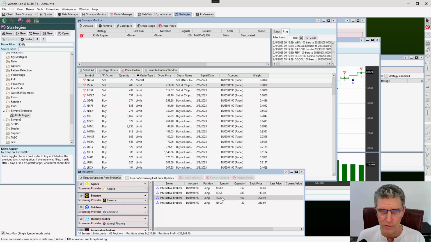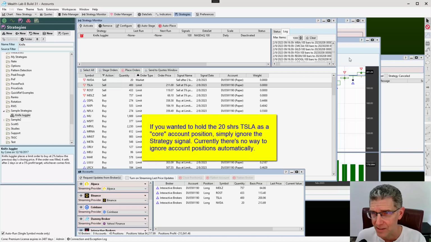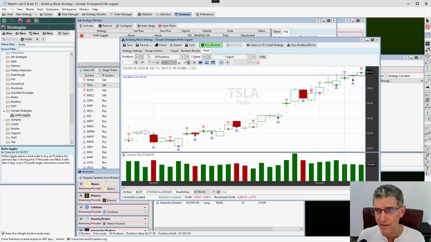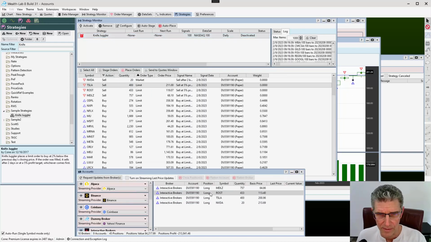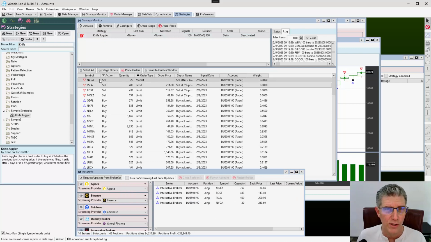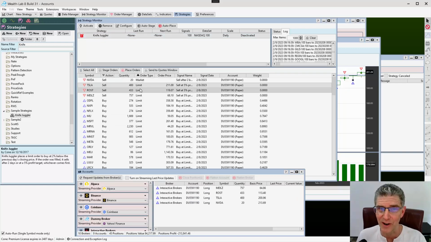It does sync to your account, but it can change what a normal backtest would be telling you to do with that symbol. This is a perfect example because Tesla was sold at a profit target yesterday, but today we still have a position for Tesla in our account, so we're selling that at a profit target today.